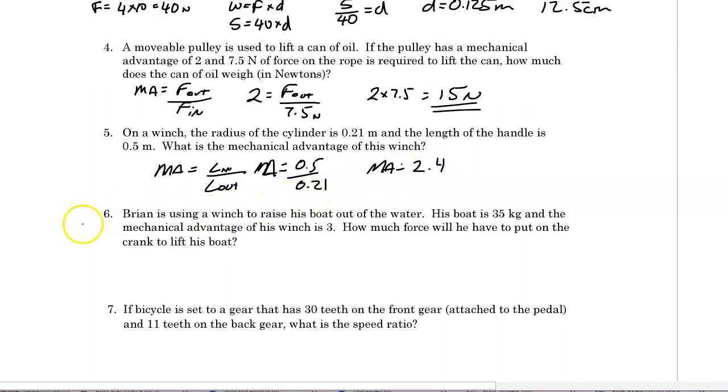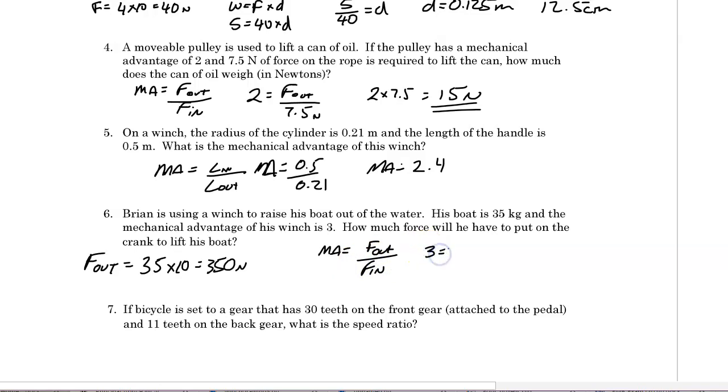In question number 6, the force on the output is going to be 35 kilograms multiplied by 10, so 350 newtons, because we're assuming we're on Earth. And so mechanical advantage, again, is going to be the force on the output divided by the force on the input.